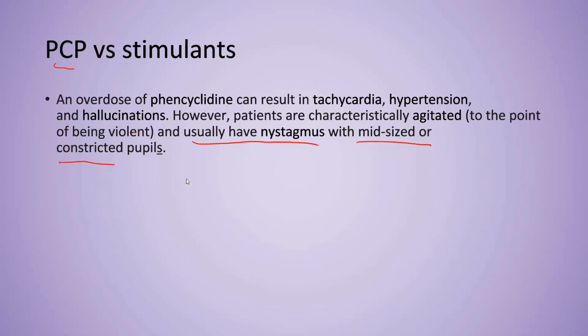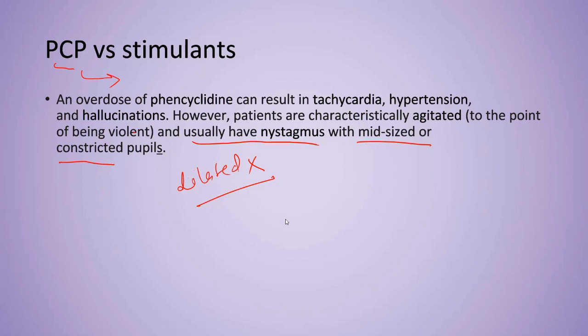They will not have dilated pupils. This does not cause mydriasis. And nystagmus, I've seen in almost every question where there's been nystagmus, PCP was usually the answer. Obviously with tachycardia and hypertension too. So nystagmus is extremely high yield to know, and remember it does not cause mydriasis.